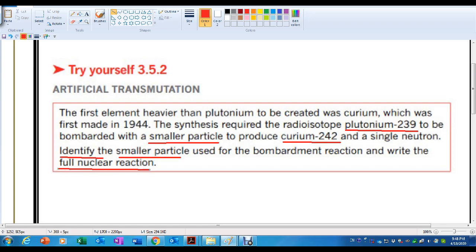Again, you need to visit the periodic table. That means you need to get the atomic number for both elements, and then you write the full nuclear reaction. By balancing the mass number and the atomic numbers, you will find out what the small particle is.